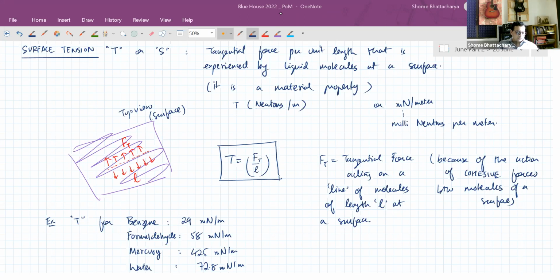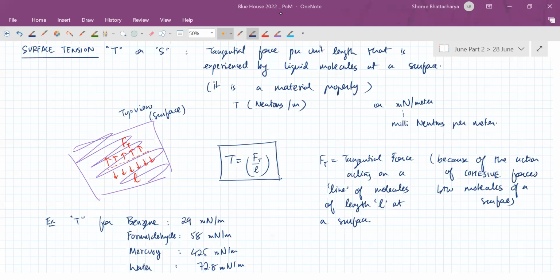But it is not exactly liquid at room temperature. It's semi-liquid, you can say.